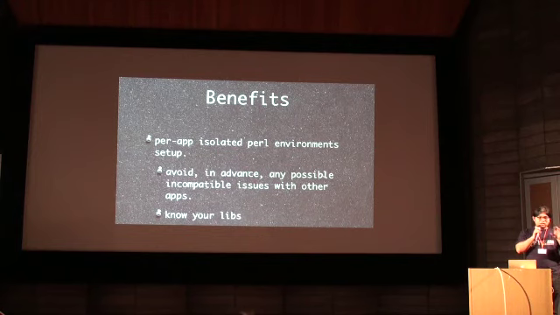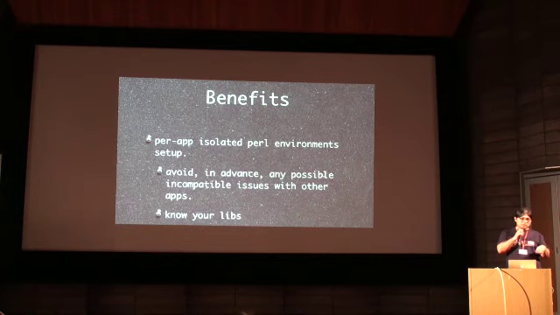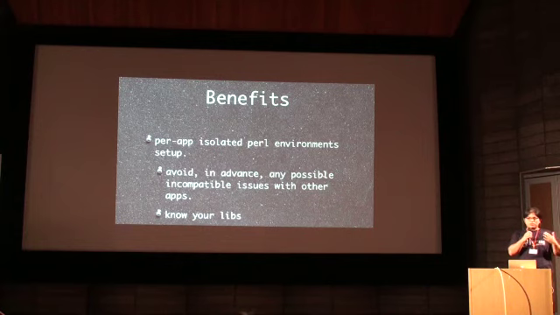So upgrading the dependency of A does not break B, because they're totally different. So it's a little bit like the carton tool by Miyagawa, because it's based on the same local lib concept. That also gives me a chance to know how my lib directory looks.